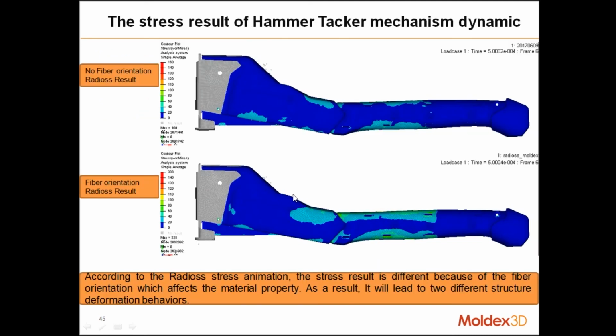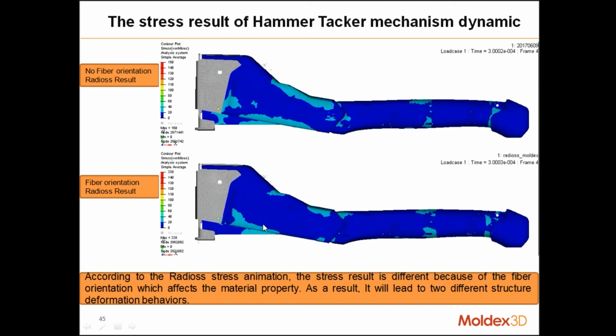And this is a stress result during the simulation. What we can find is that the stress distribution could be quite different in comparison between the result without considering fiber orientation and the result with fiber orientation, also the concentration area.